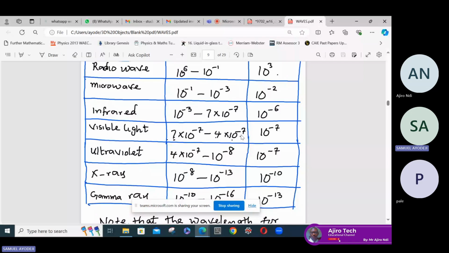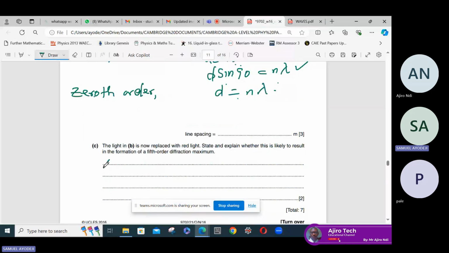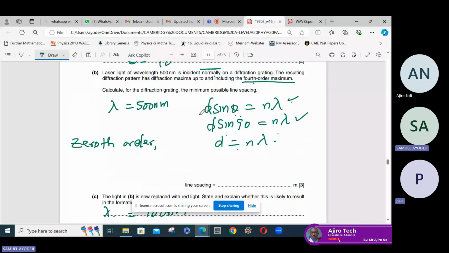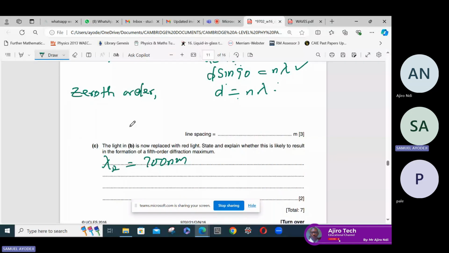So you will replace it with red. The wavelength for red is 700 nanometers. What was the wavelength before? It was 500 nanometers. What can you say about the wavelength?